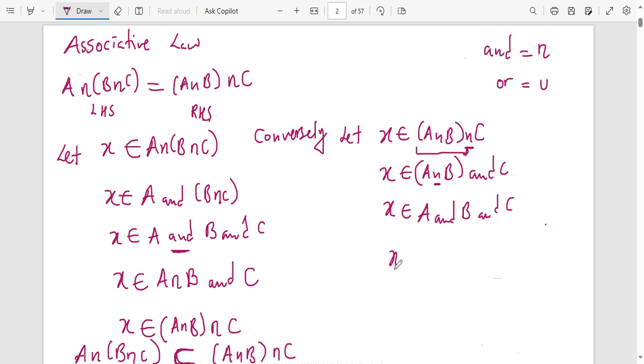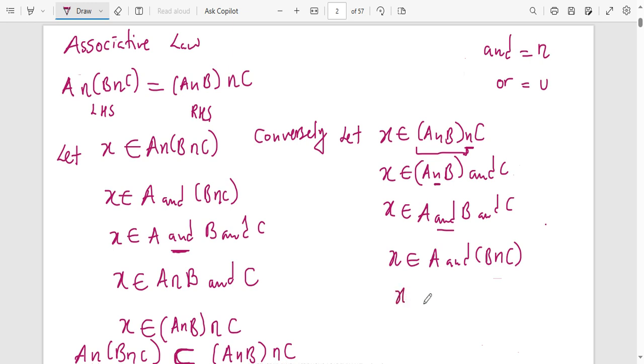So I'll pair up now the next two. So I'll say X is a member of A. I'll still write this word and here, but then for the last two where there is the word and, I'm going to put intersection C. I can even put this in brackets.